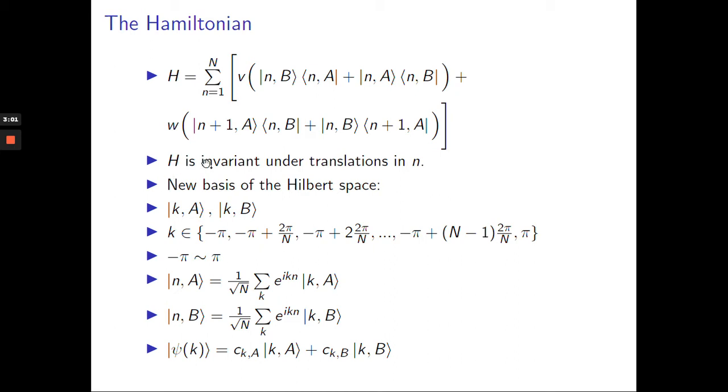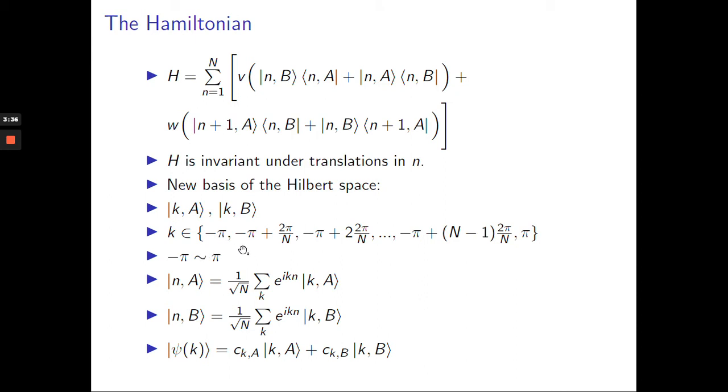Since H is invariant under translation in n, there is a special basis, the basis of eigenvectors of this translation operator. But here we can think of this as simply being another basis labeled by this K, which takes these values.